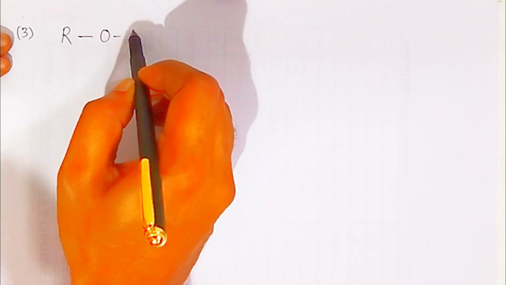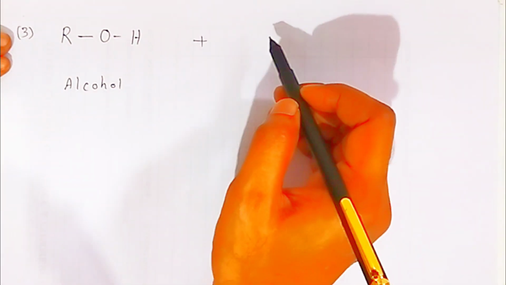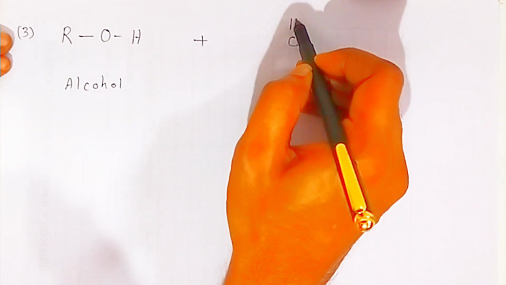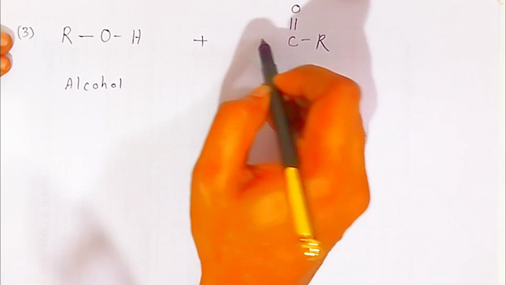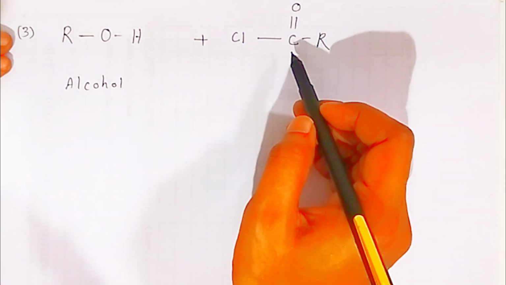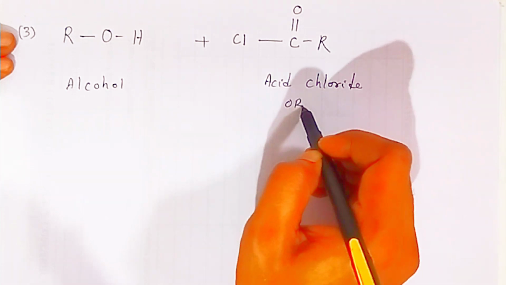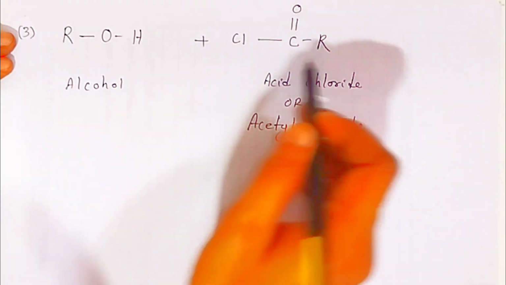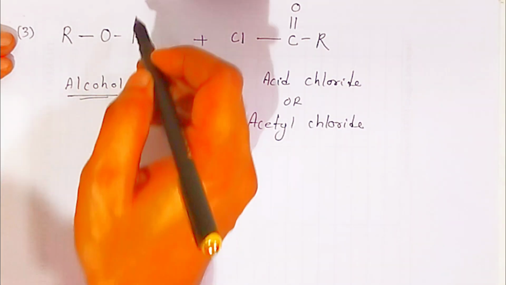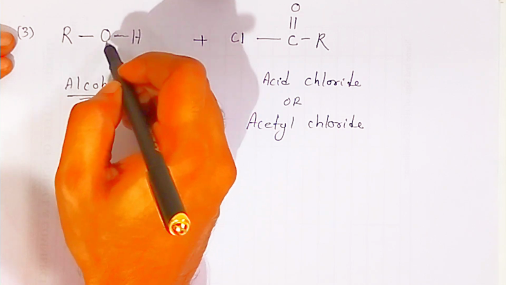Action of acetyl chloride on alcohol and phenol. Third reaction, students, suppose you have alcohol, action of acetyl chloride. Acetyl chloride you can write like this, students, this is the acetyl group. Here the chlorine is attached. So it is called acetyl chloride, or you can say acid chloride. Now what happens, students, when you add acetyl chloride to alcohol, there is a breaking of the oxygen-hydrogen bond from here.